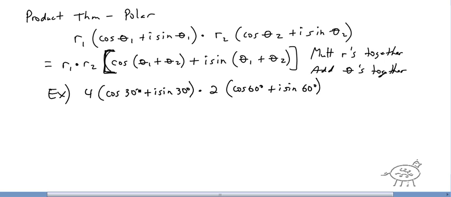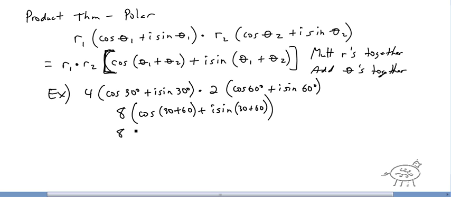Basically we say 4 times 2 is 8, and then it's cosine of 30 plus 60 plus i sine of 30 plus 60. We're just adding the angles together, and I multiplied those radii together. And so we have 8 times cosine of 90 degrees plus i sine of 90 degrees.